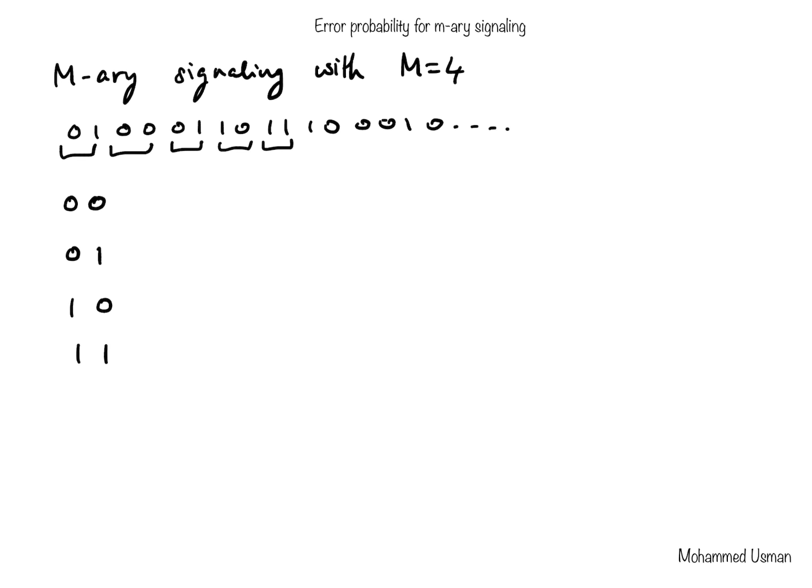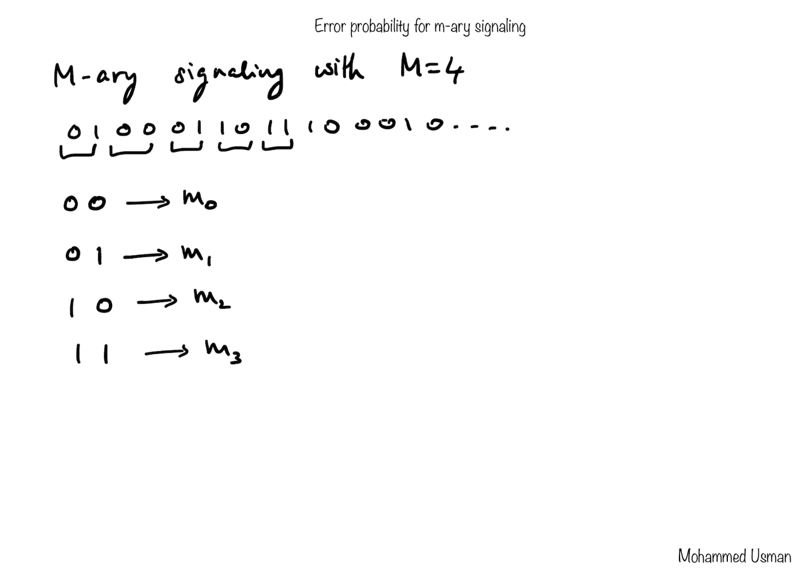Now, we are going to call them symbols. So 0, 0, we'll call it symbol M0 or message M0. 0, 1, we'll call it symbol or message M1. 1, 0 is our third message, which we'll call M2. And 1, 1, we'll call it M3.